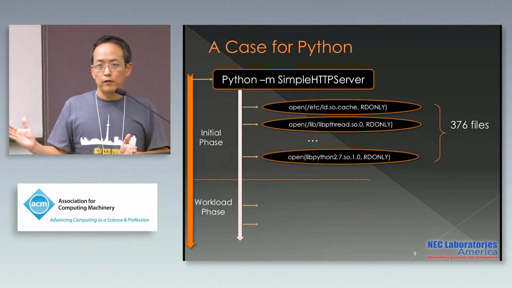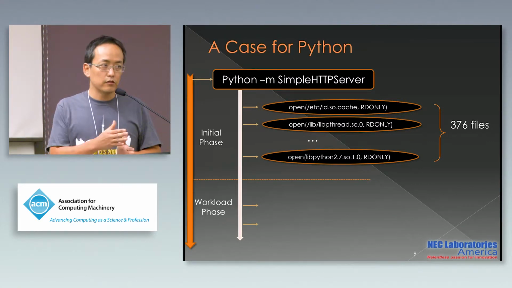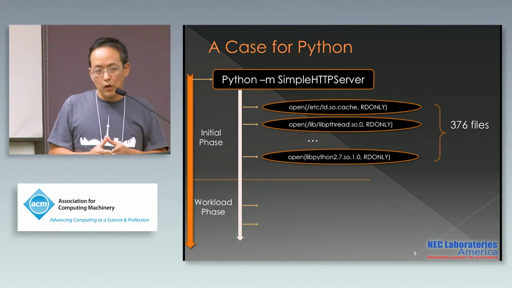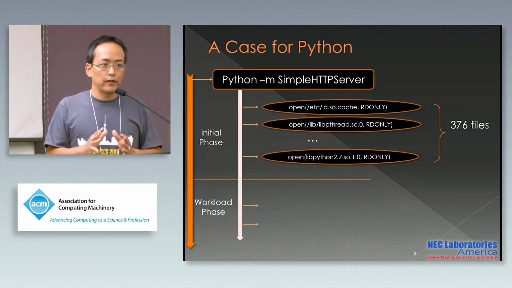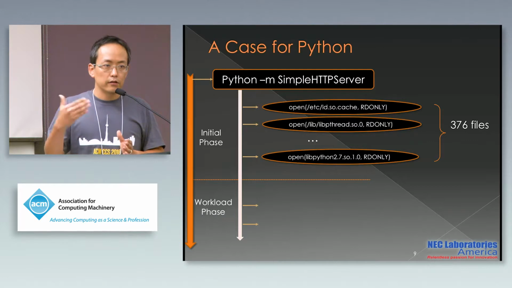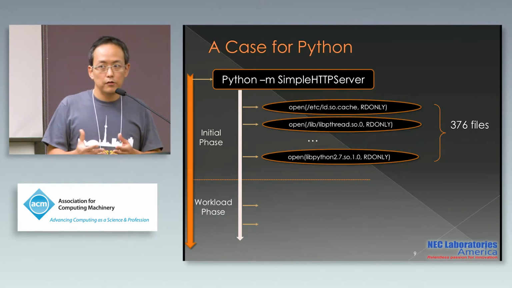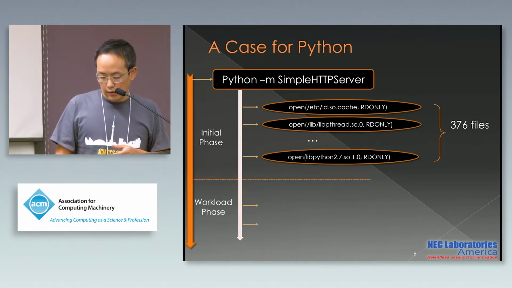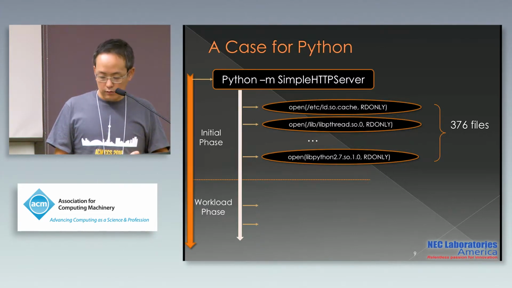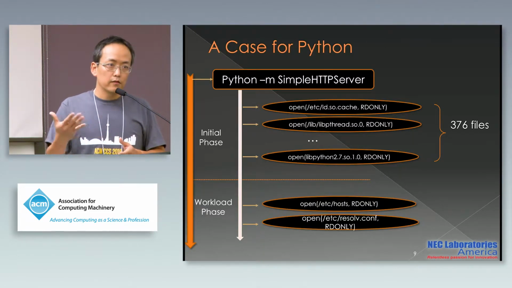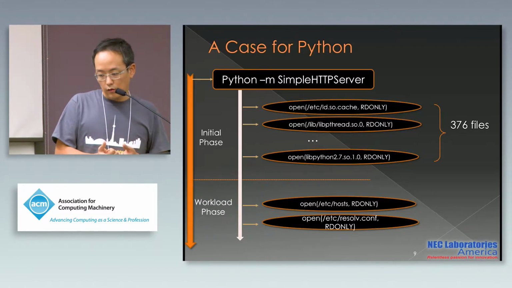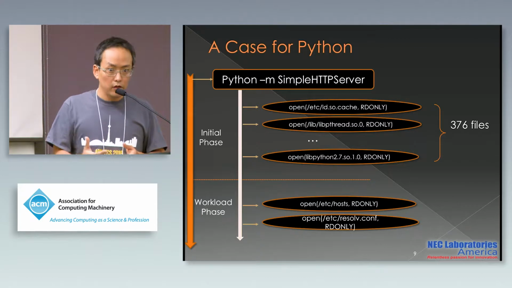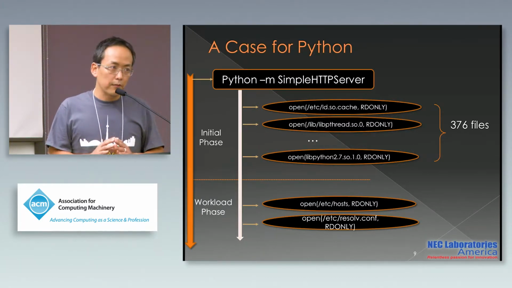But across all the Python program executions in our lab over a certain period of time, we see that among those 600 files, 700-some files are commonly accessed as part of the bootstrapping process. After finishing its initial phase, it begins touching its logic-specific files, the files related to the HTTP server, or resource files, etc., like host or resolv.conf. That is a typical pattern that we see.